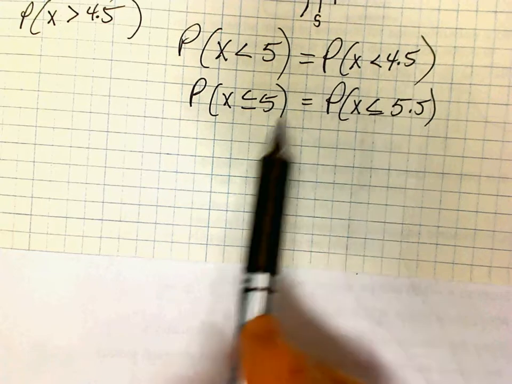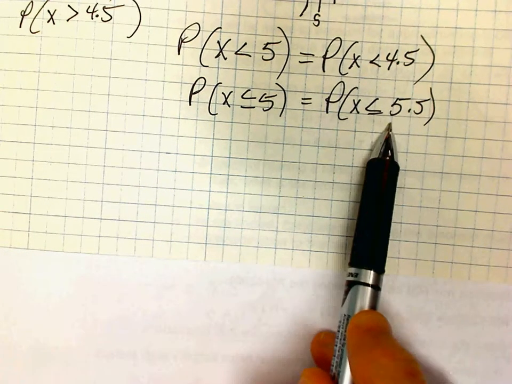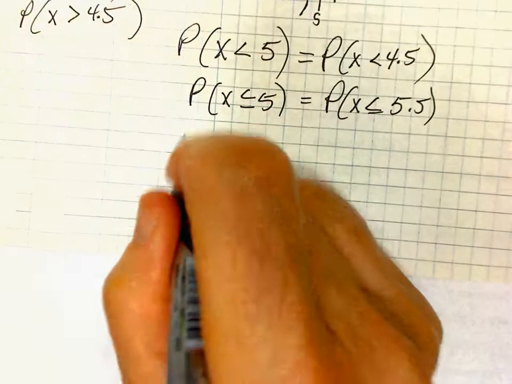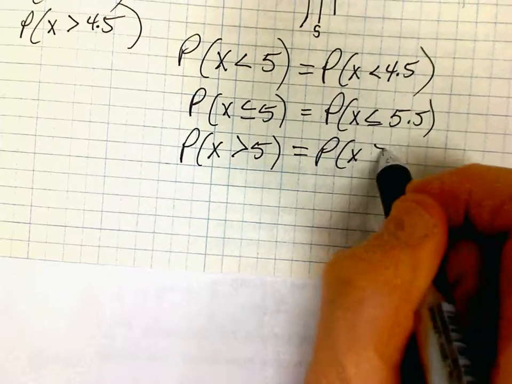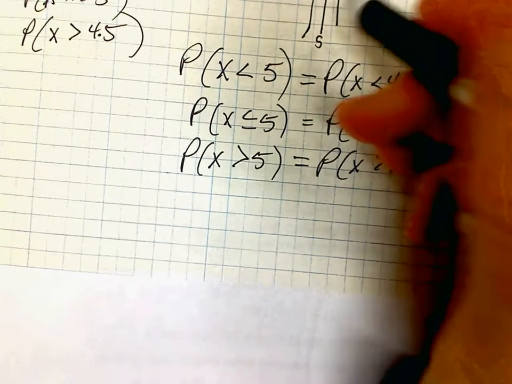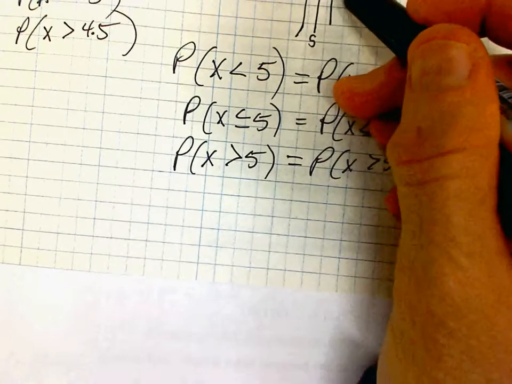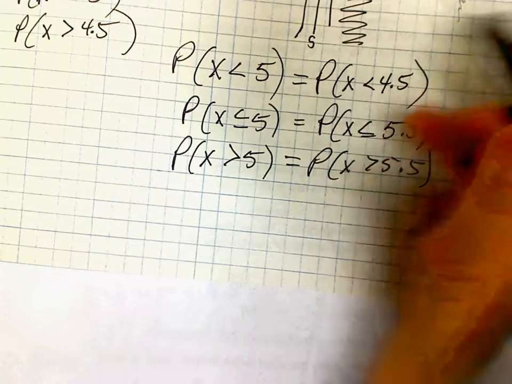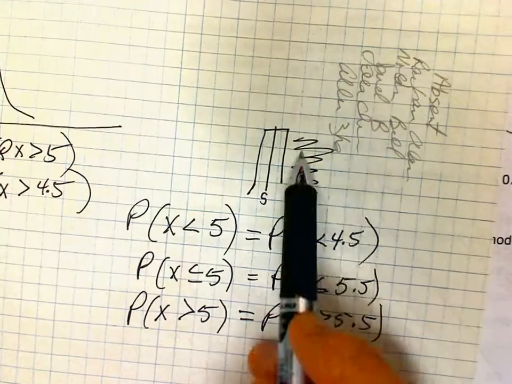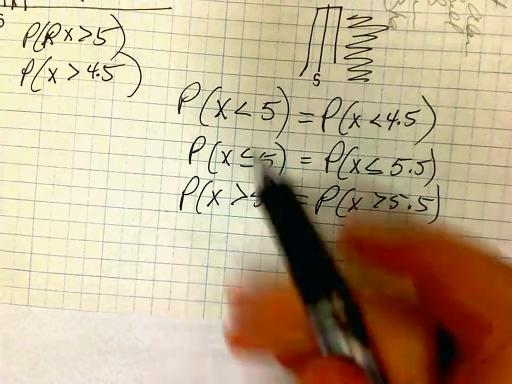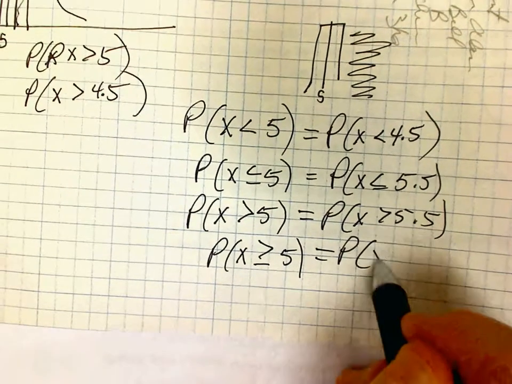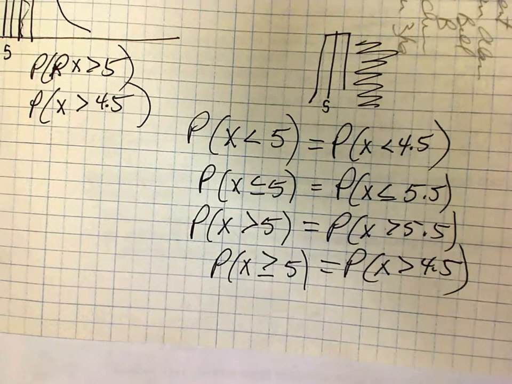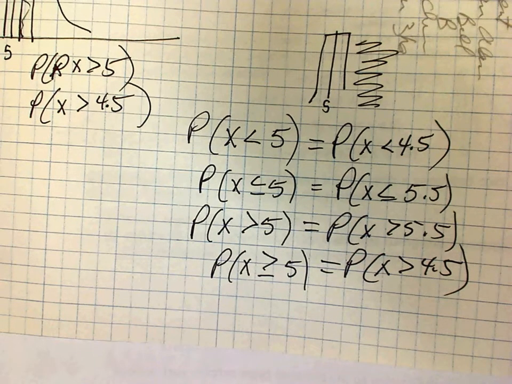Here we want the entire 5 box included. If the probability is x greater than 5, then we want x greater than 5.5, so we don't want the 5 included. We want everything to the right of 5. But if we want the probability x is greater than or equal to 5, then we're doing x is greater than 4.5. Okay?